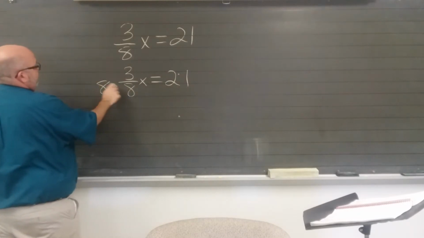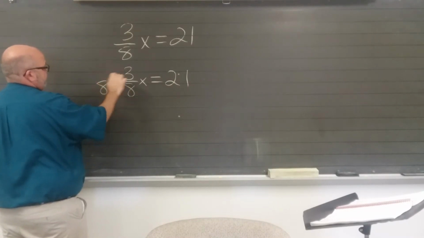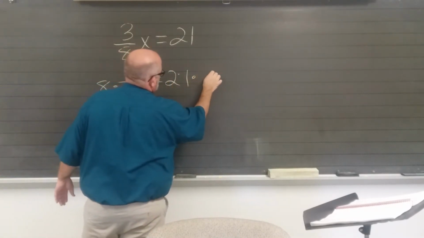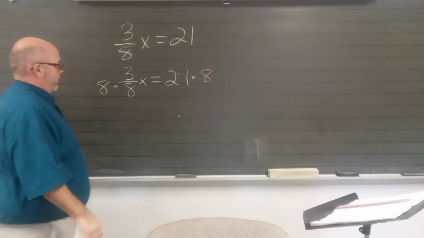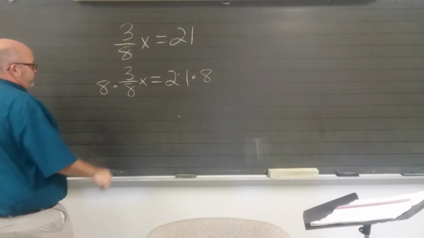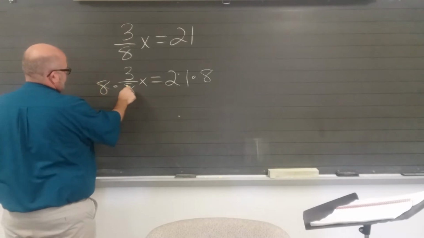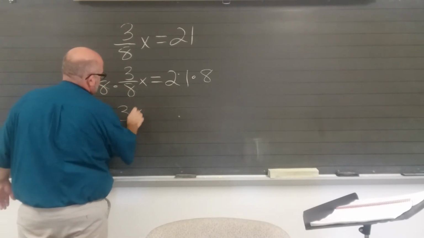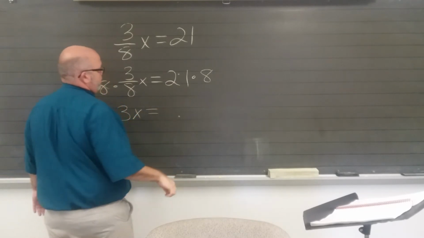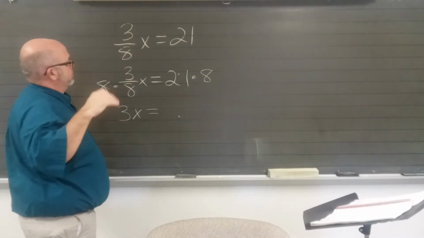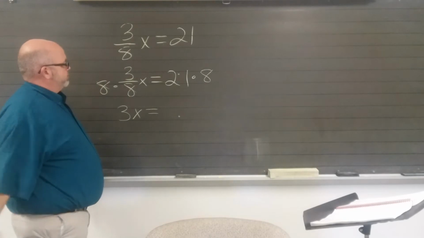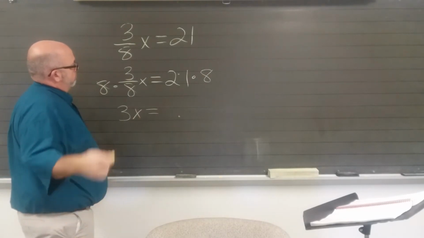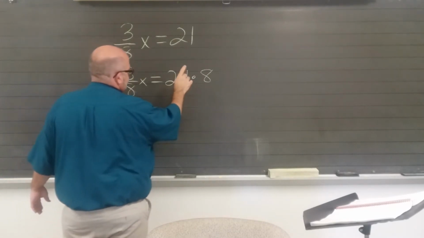What did you do over here? Times 8. So you have to do 21 times 8. Right? So now we've gotten rid of the 8. And all we have is 3x equals, what's 21 times 8? Yes, 168.